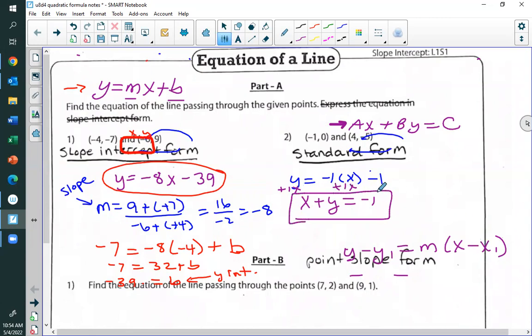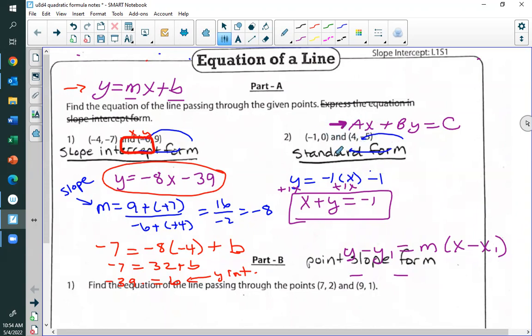That is standard form. Both of these forms, the blue and the purple, are exactly the same line. It's just that the blue is slope intercept and the purple is standard. Questions? Feel okay? Layla, it's not the only way to do this problem.